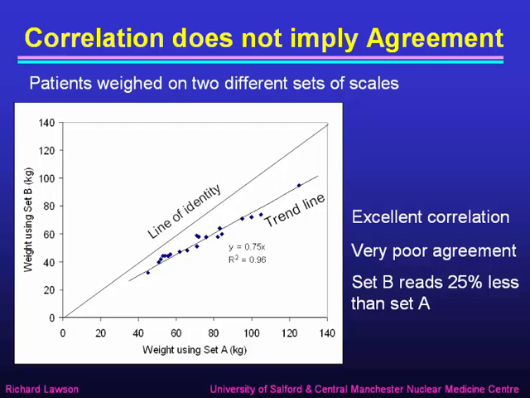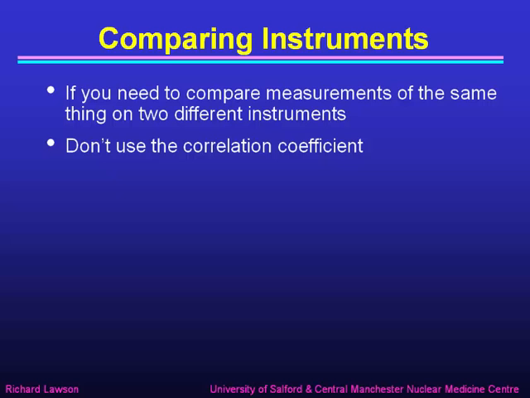So an excellent correlation and a linear trend line doesn't necessarily mean that the two sets are in agreement. In fact, a 25% disagreement between the scales here would be very important. So if you need to compare two measurements of the same thing on two different instruments, don't use the correlation coefficient.